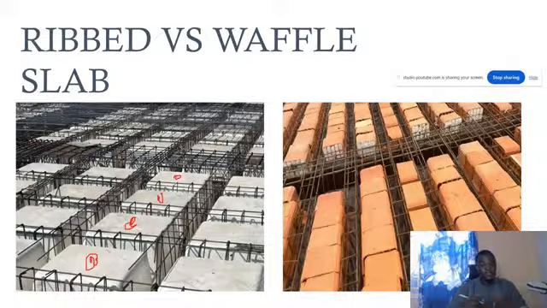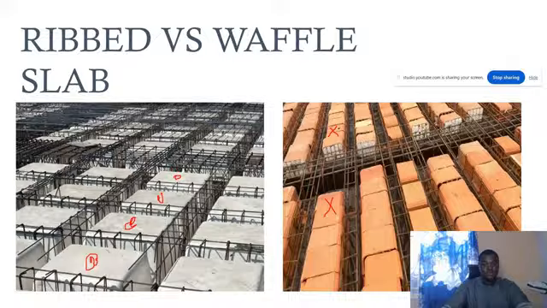Aside from the fact that waffle slab is in both directions and rib slab is in just one direction, another thing you can compare is that rib slab can be made with or without removable formwork. Like in this picture, the rib slab is done with irremovable formwork, because after construction these red clay bricks cannot be removed.